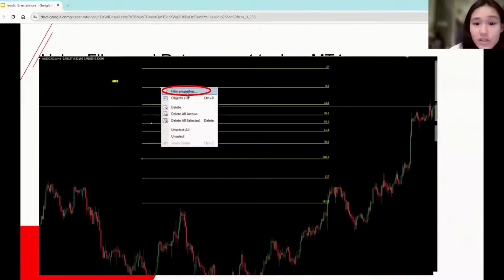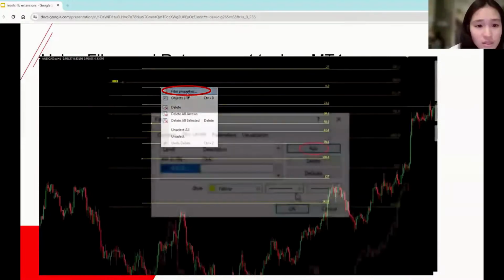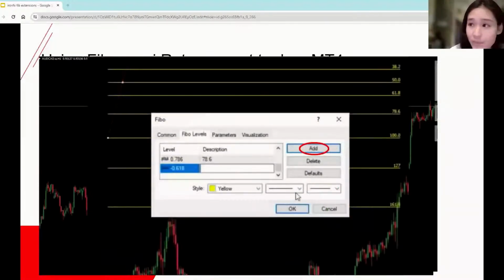You click on Fibo properties, and then under the Fibo levels tab, you can click add, and proceed to add whichever levels you wish. It'll look like this. I click add, and I've added a negative 0.618 level, which is essentially just minus 61.8%.